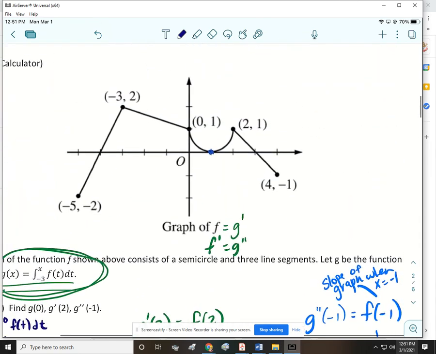So if we have the graph of the derivative of G, what do we look for to find points of inflection on G?